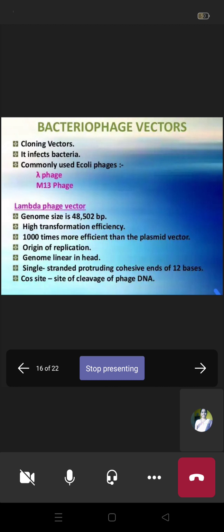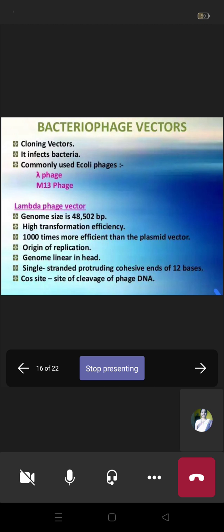Then chimeric DNA is packed into the phage particle by adding them to crude bacterial cell extracts containing all the proteins needed to assemble a complete phage. So this is called in vitro packaging.